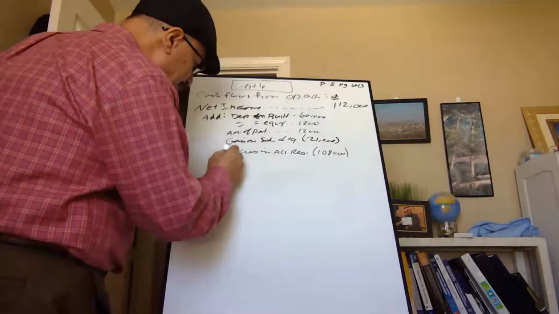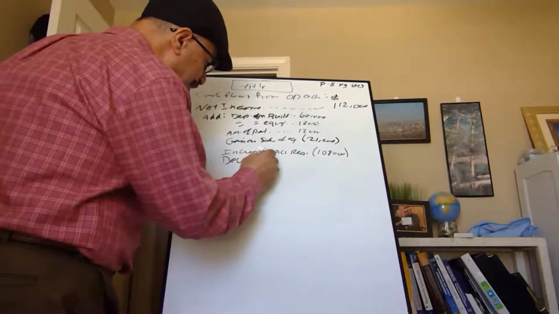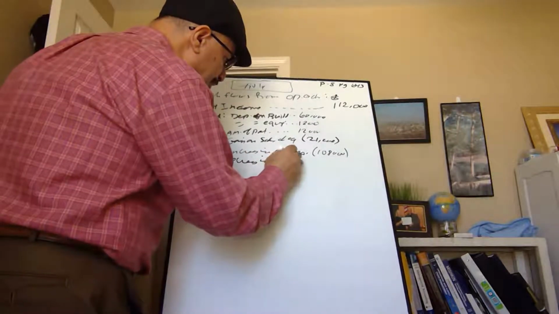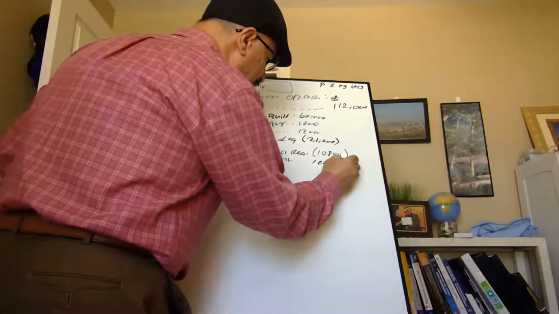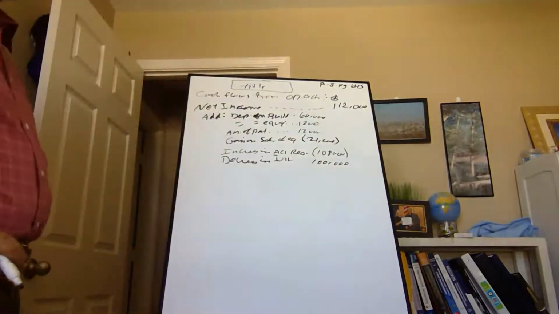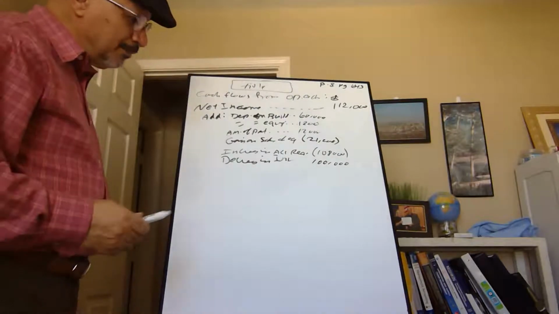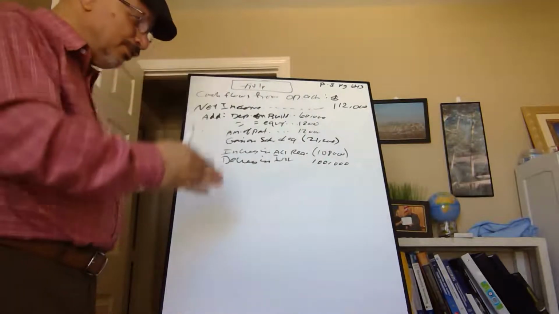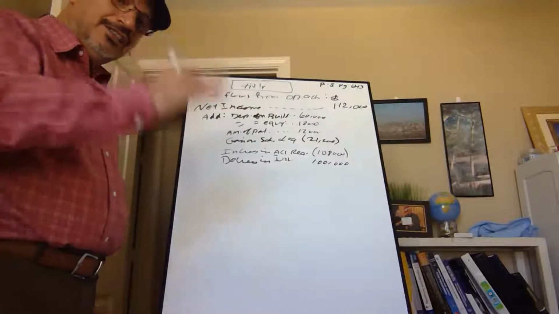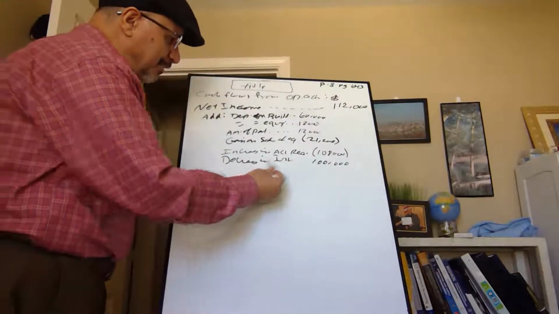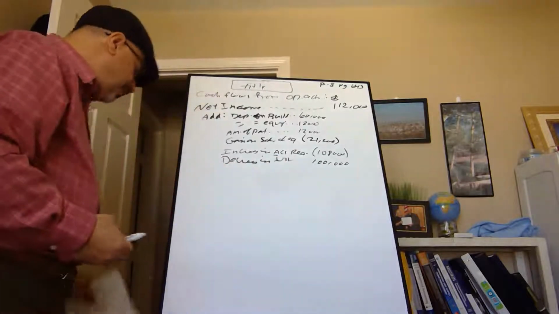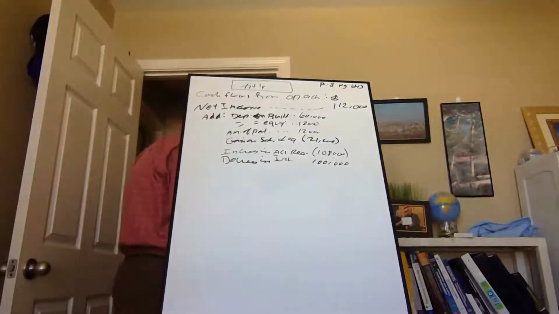So decrease in inventory for $100,000. So I don't put it in brackets, okay? Remember, it's an opposite correlation. You add the decreases and you subtract the increases, okay? So this is a decrease in inventory. All right, let's look, what else do we have?